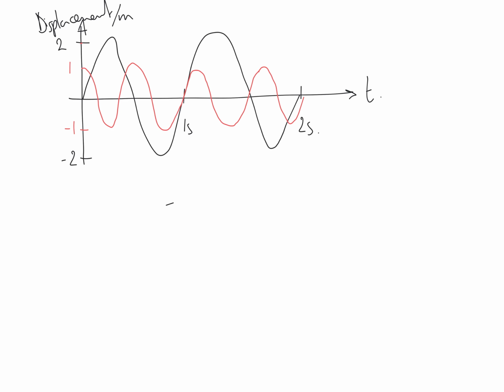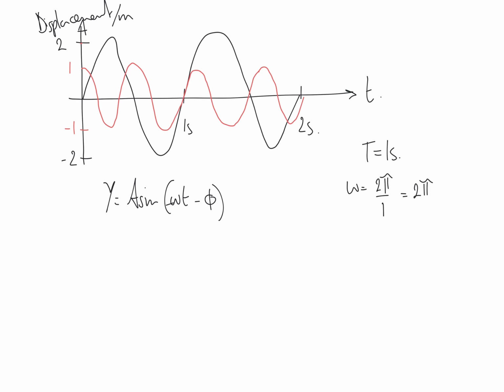So let's find a general expression for each of these waves. So y is a sine omega t minus phi. What's happening with the black wave? Right, so first of all, the time period is going to be 1 second. Omega is going to be what's the total number of radians gone through in the time period?